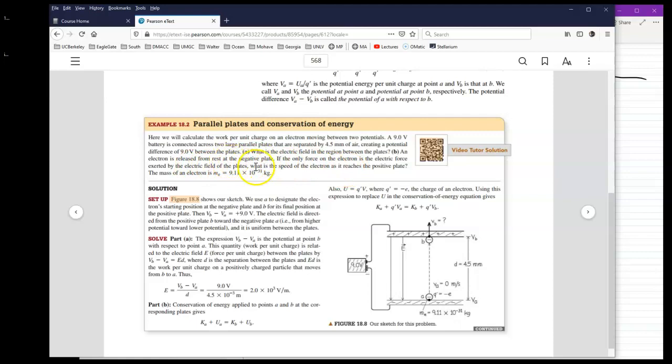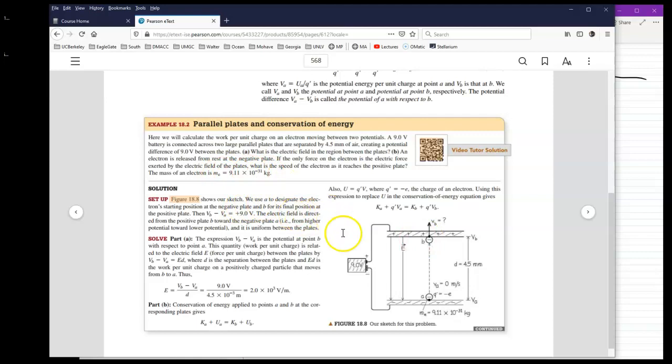I'm sorry, it's released at the negative plate. I'm reading. Where did I get the positive from? Let me read it again. An electron is released from rest at the negative plate. So the electron is right here, negative. If the only force on the electron is the electric force exerted by the electric field of the plate, what is the speed of the electron as it reaches the positive plate? That's exactly our problem, right? Then he gives you the mass of the electron.